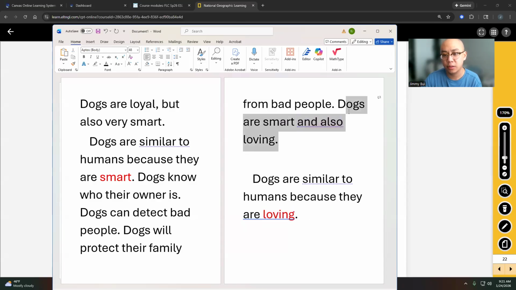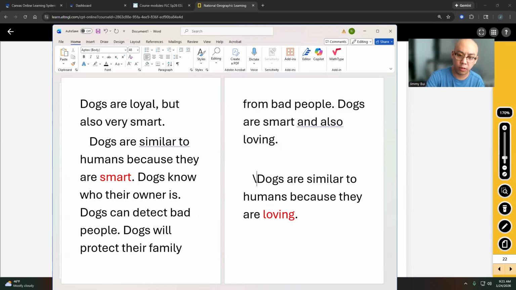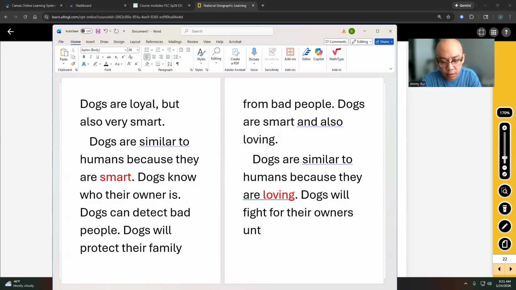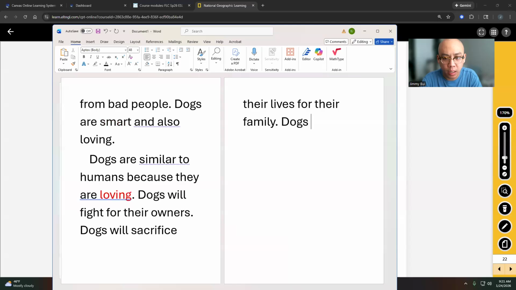So this is my concluding sentence. Transition over. Dogs are similar to humans because they are loving. Dogs will fight for their owners until dogs will sacrifice their lives for their family.